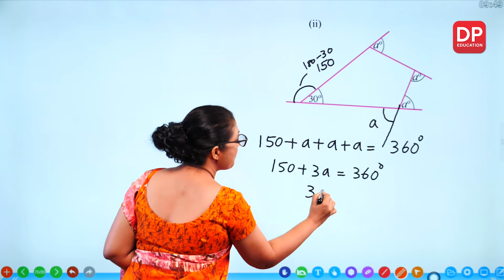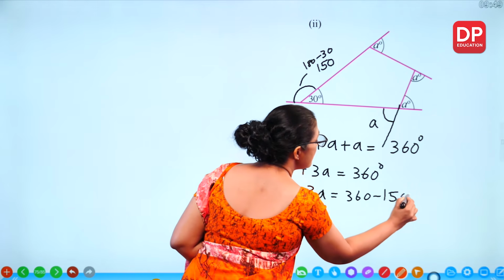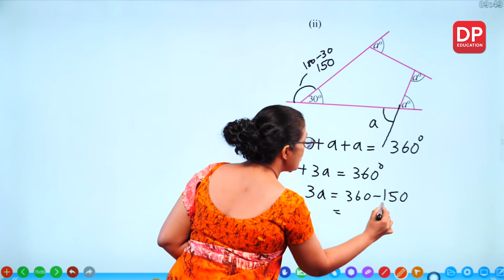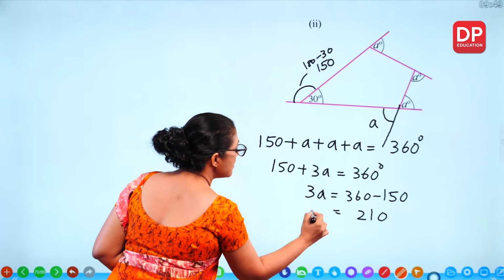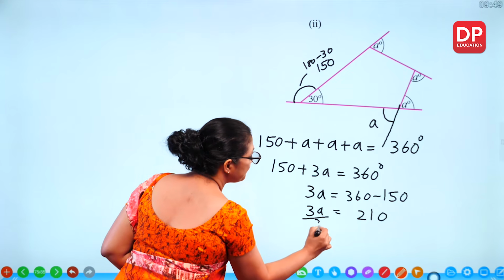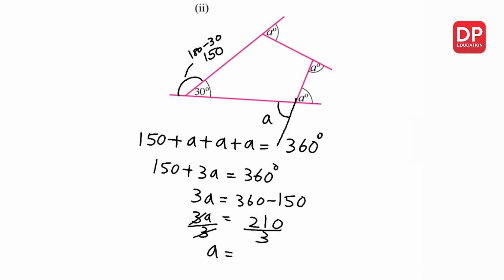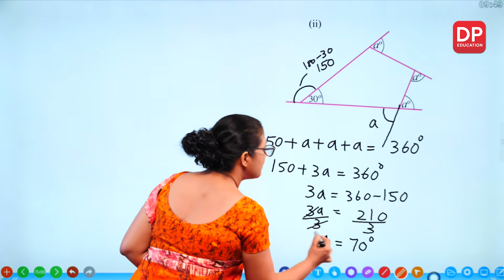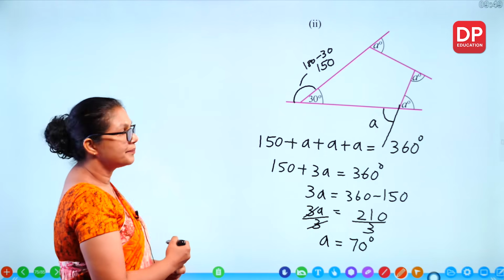So what's 3A? 360 minus 150. So when you subtract, you get 210. Divide by 3. You get A value. That's 70 degrees. So A equals 70.